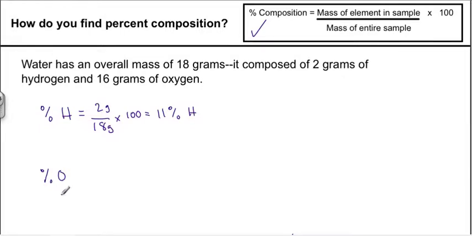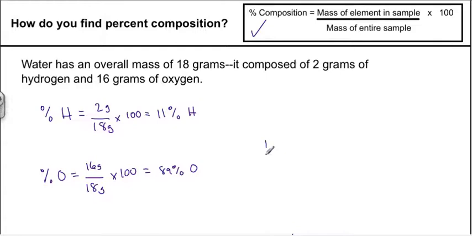And to find the percent composition of oxygen in my sample of water, it would be 16 grams divided by 18 times 100, and that would give me 89% oxygen. And if you really want to check and make sure that those are correct, since it's percent, those percentages should add up to 100.